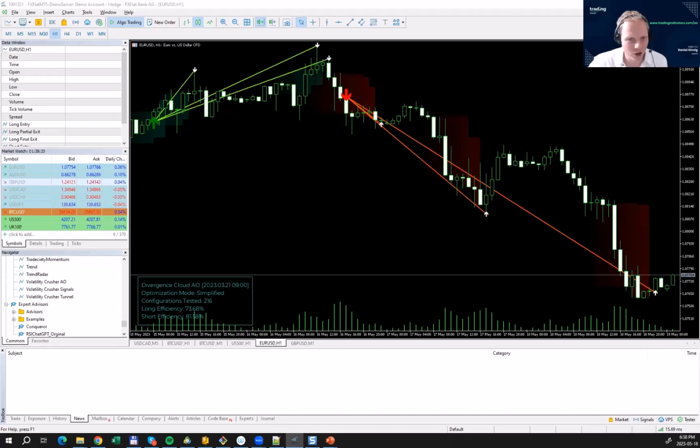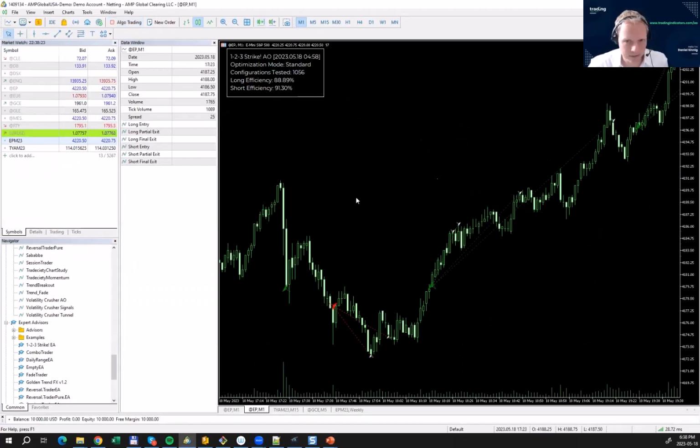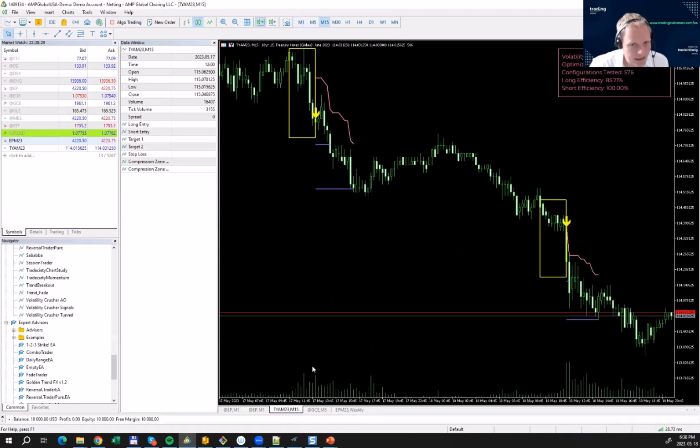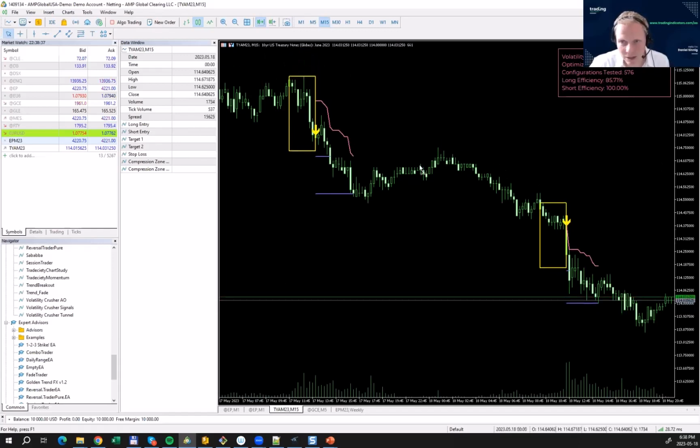So let me switch over one more time to my AMP MT5 version. I'm going to open up the 10-year notes futures contract. So here I have applied volatility crusher. So let me quickly explain to you how this one works. It may look in terms of statistics quite similar to what you've seen before.